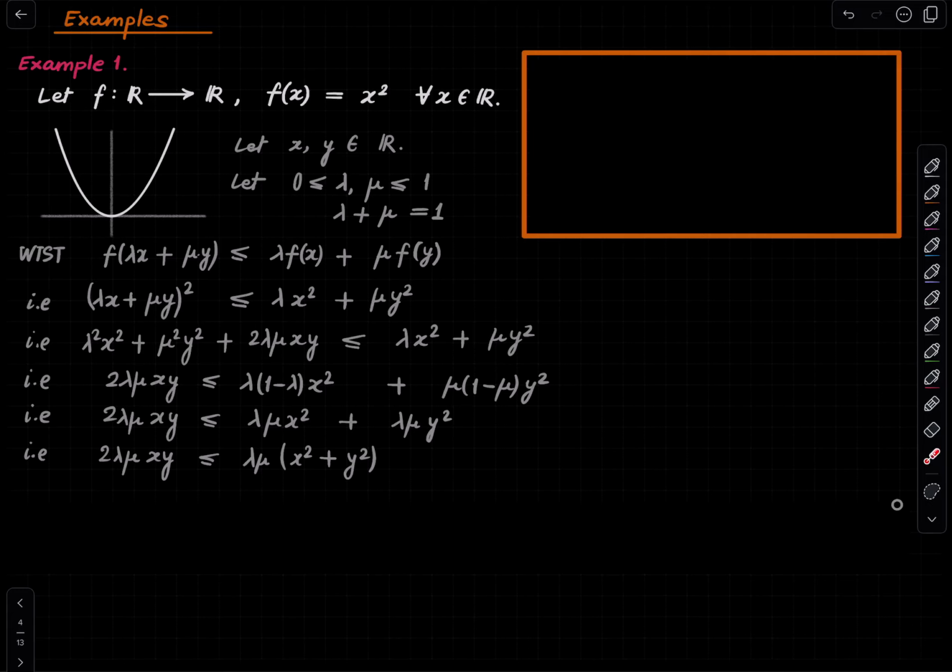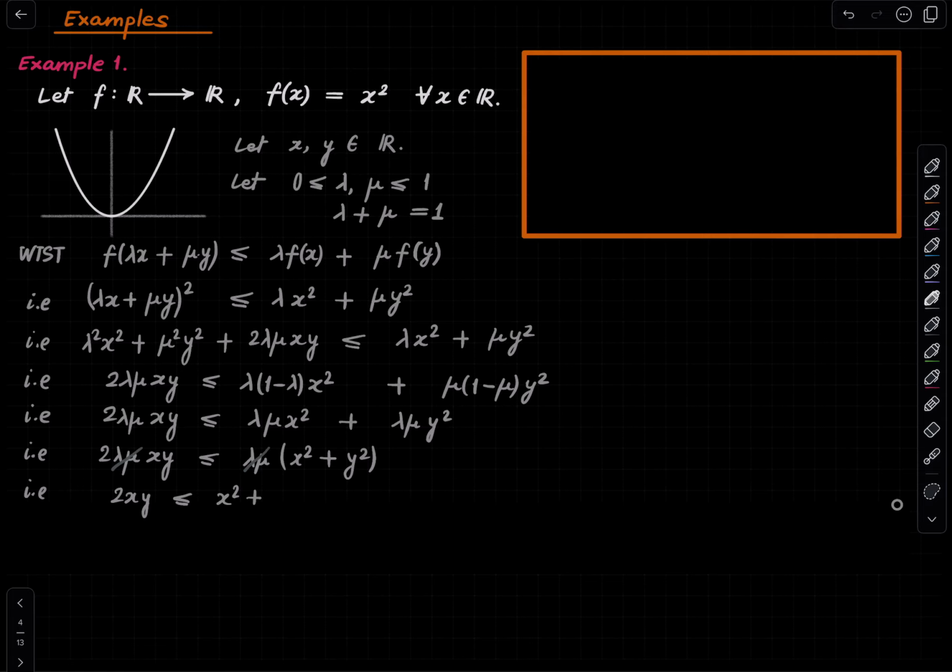Now, if any of lambda or mu were 0, this inequality would be trivial. So in that case, we were already done. So assume that both are non-zero, in which case we can cancel out lambda mu, and therefore we are just required to show that 2xy is at most x square plus y square.